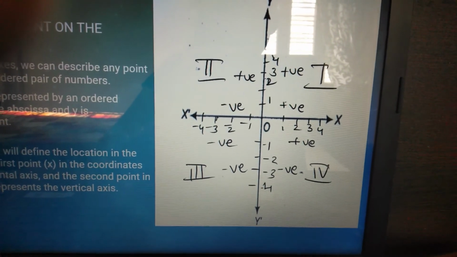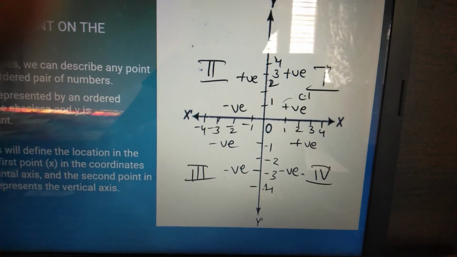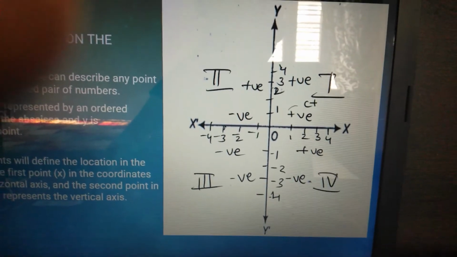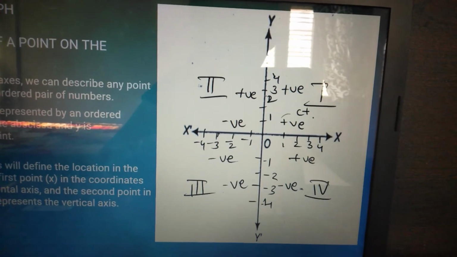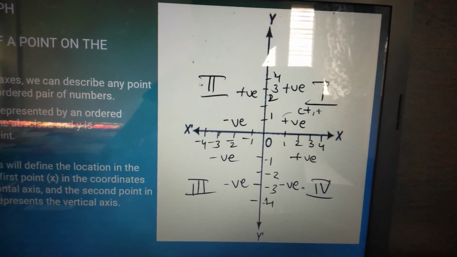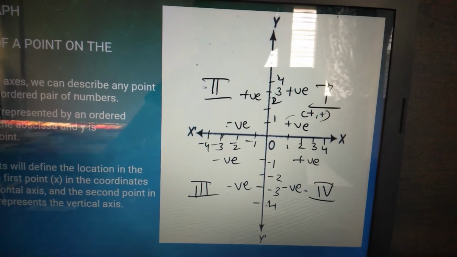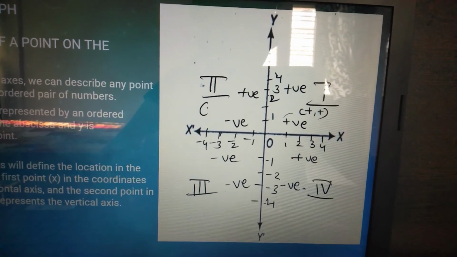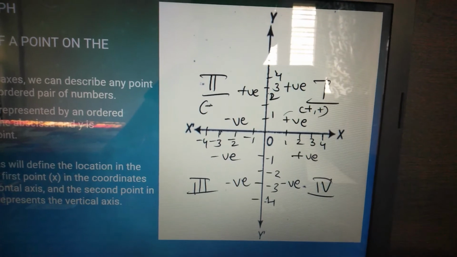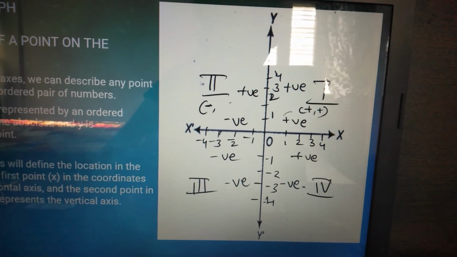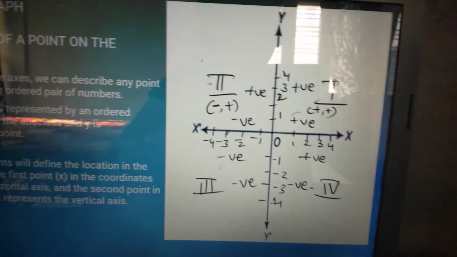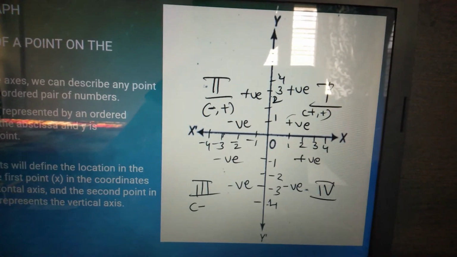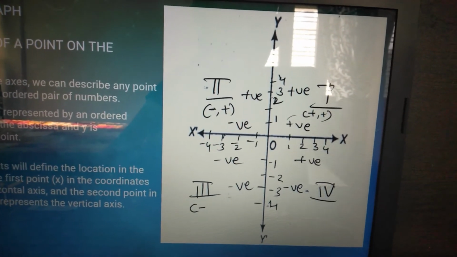See, x-axis has positive, so plus sign will come. Y-axis again has positive coordinates, so this will be positive. Here you can see negative, so this will be negative, I mean minus sign. Then y-axis is positive. Similarly here we can see negative, this is positive.